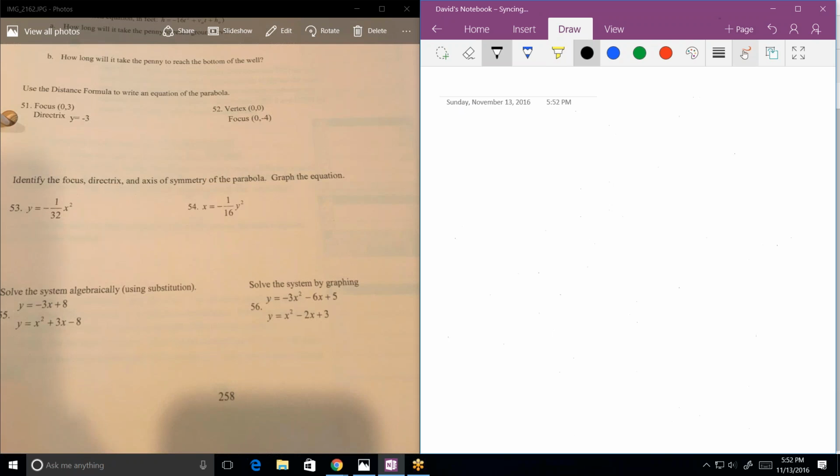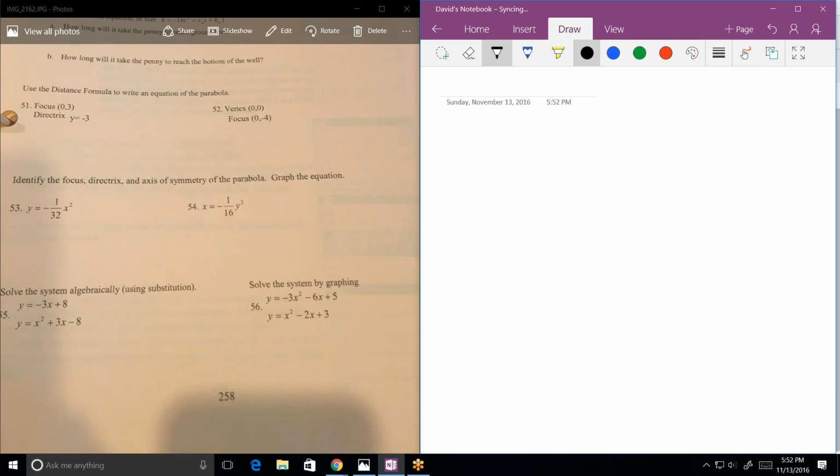Let's solve the next one by graphing it. Do you have an Inspire or a TI-84? I think it's a TI-Inspire. Do you know how to graph on it? I do, yeah.